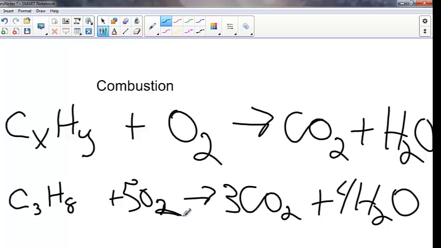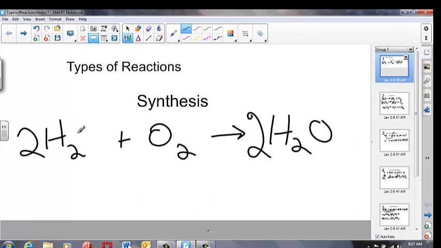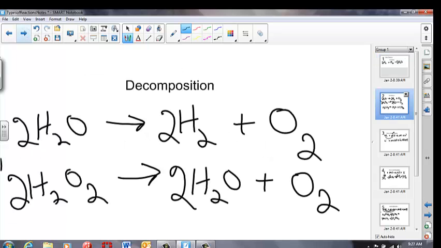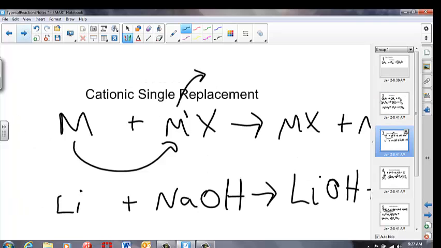Okay? Let's review. Synthesis. 2 small things become something bigger. Decomposition. 1 thing becomes 2 smaller things. Cationic single replacement.